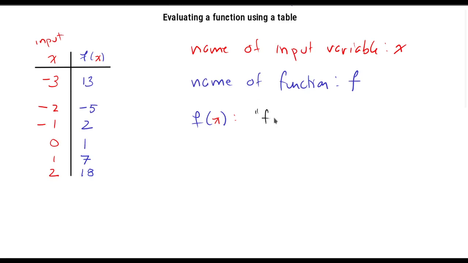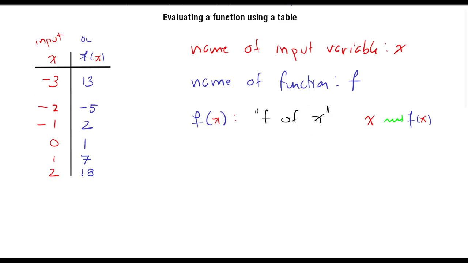So this is read as f of x, and it means that x is transformed into f of x, some other number, by f. Okay, so let's see what this table tells us about how inputs are transformed into outputs in this specific example.